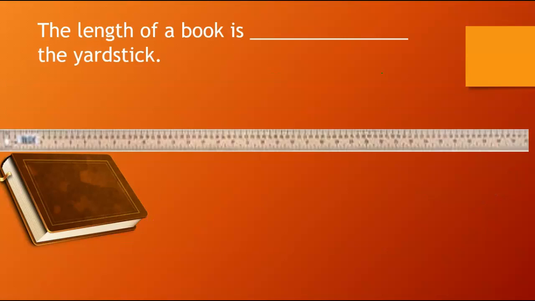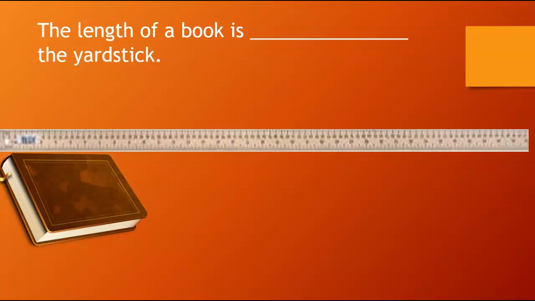So, we are going to determine whether an object is less than, equal to, or greater than a yardstick. So the length of a book is blank the yardstick. Is it less than, greater than, or equal to a yardstick?